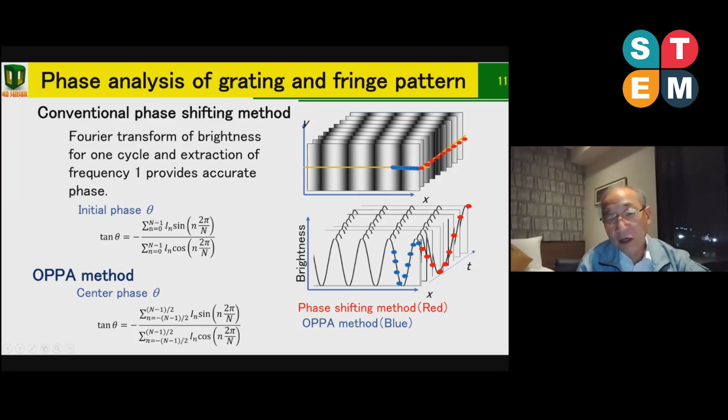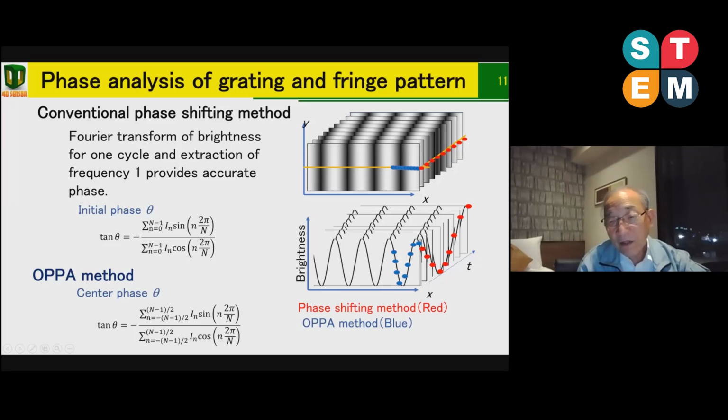So this analysis method can apply to moving objects. If we can take one grating single image, we can analyze the phase distribution. So we can obtain the height distribution from a single image.